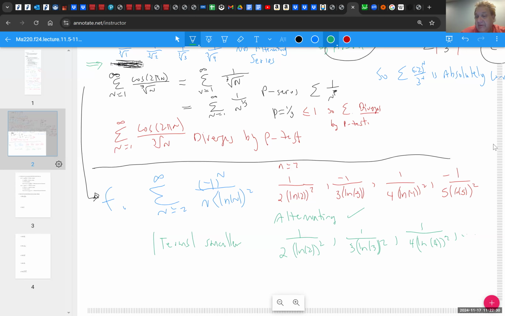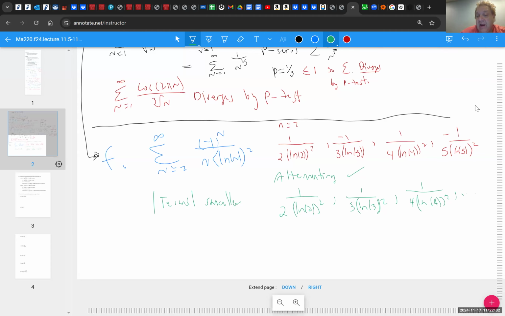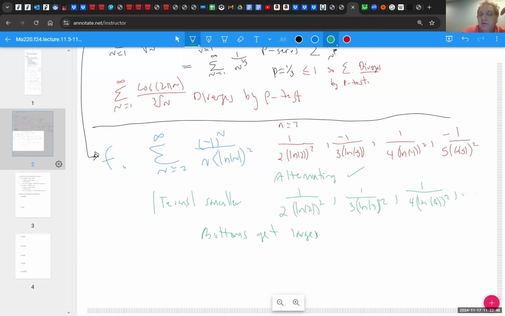So when the denominators get larger, overall the fraction must get smaller. So here we know that the denominators get larger, so the fractions get smaller. So, do the terms decrease? Yes, they do.